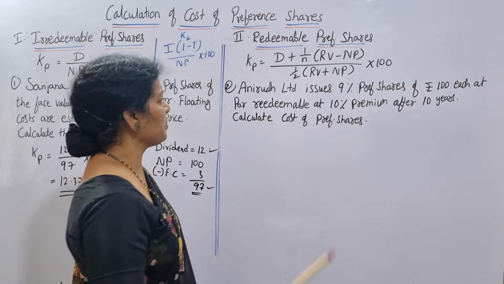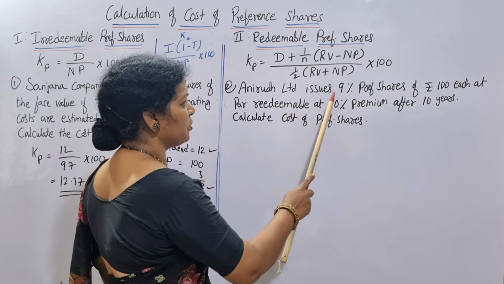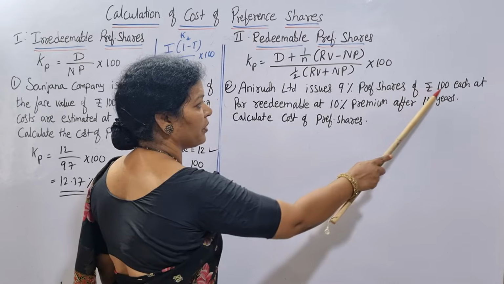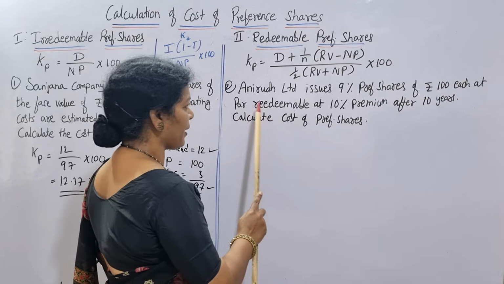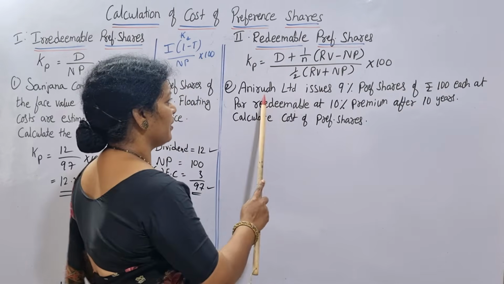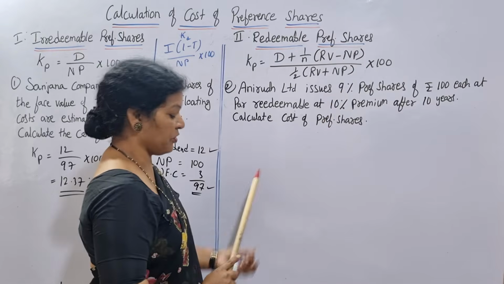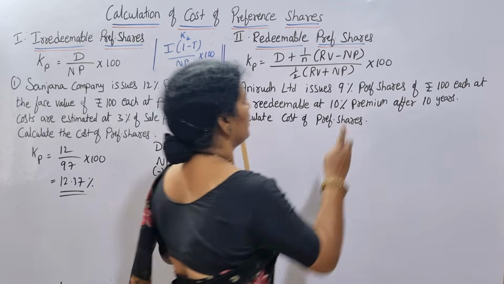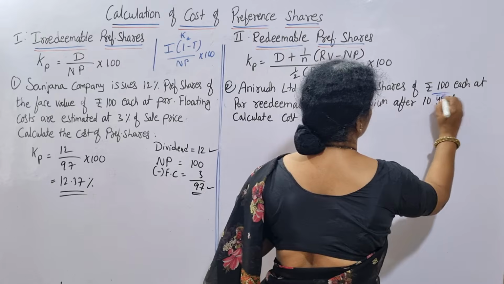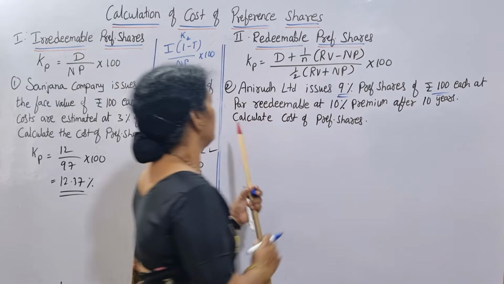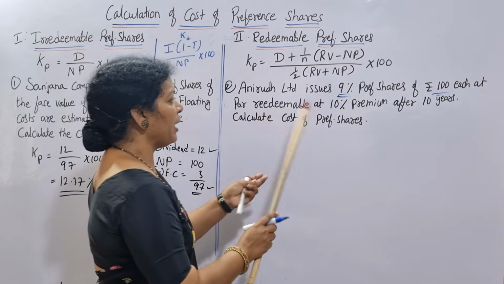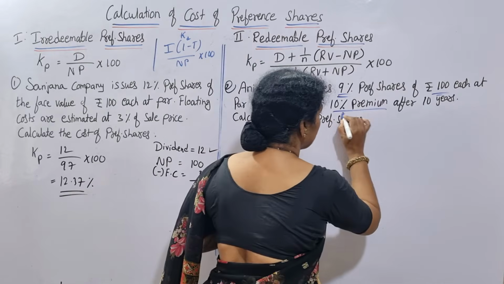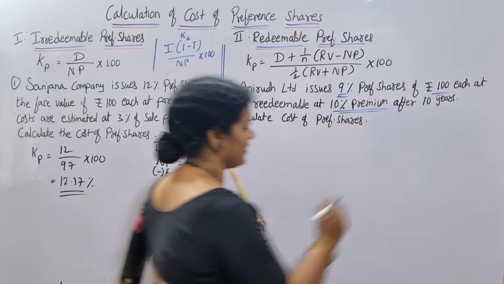Now let's focus on one problem. Anirudh Limited issues 9% preference shares of 100 rupees each at par, means at the same rate. Each share is 100 rupees, at par, redeemable at 10% premium after 10 years.